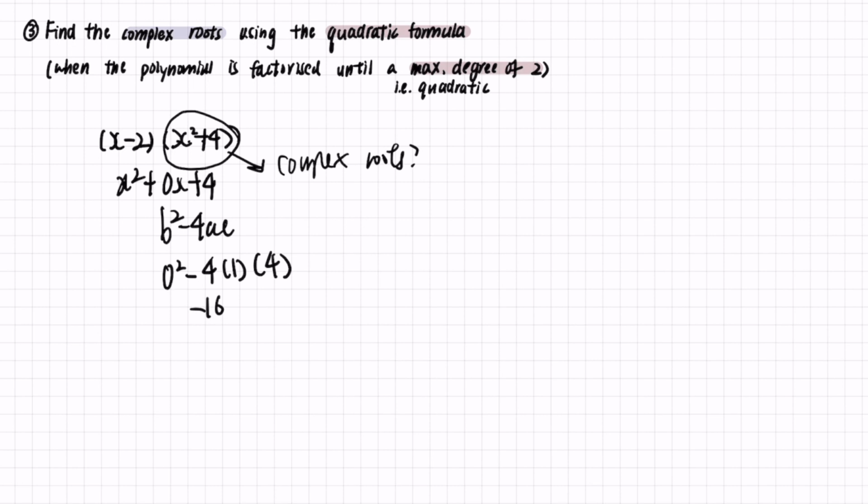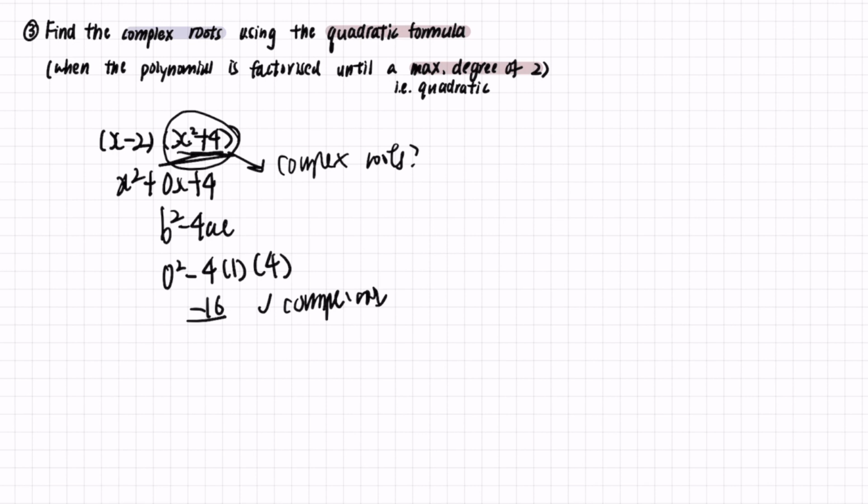It's a negative number, so it has complex roots. Now that we have proven that it has complex roots, we cannot use the regular method of just factorizing it into real roots of linear factors. We'll have to use the quadratic formula to find the roots of this quadratic.